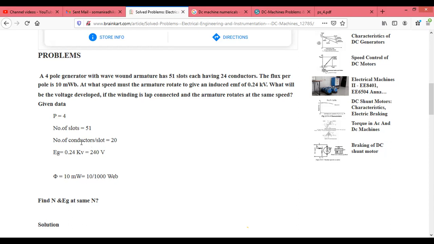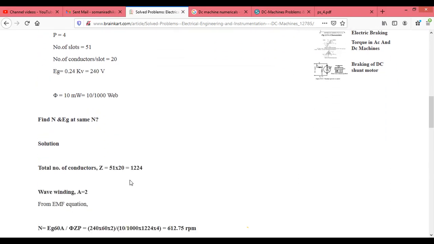So if you are solving for the number of conductors, number of slots, you will get the values. Generated EMF they have given 0.24 kilovolt. You can take that as 240 volt. Phi they have given 10 milliweber. You can take that value. You are supposed to find the value for generated EMF.